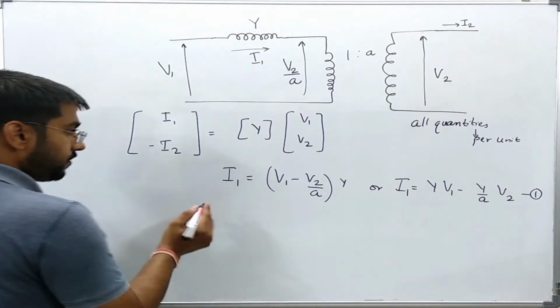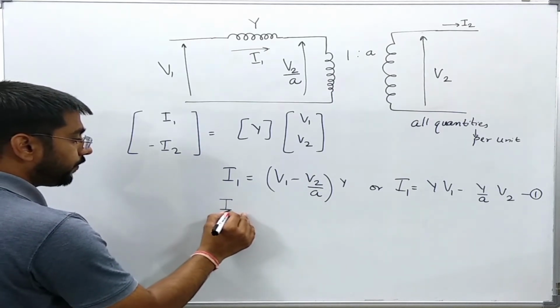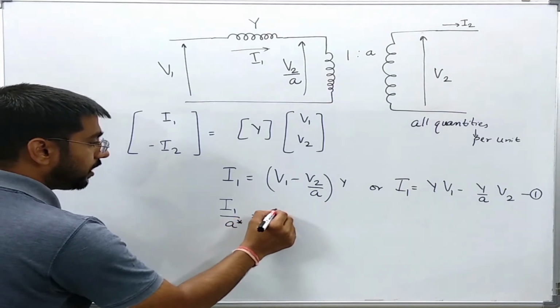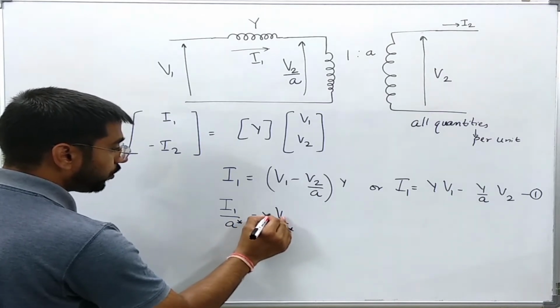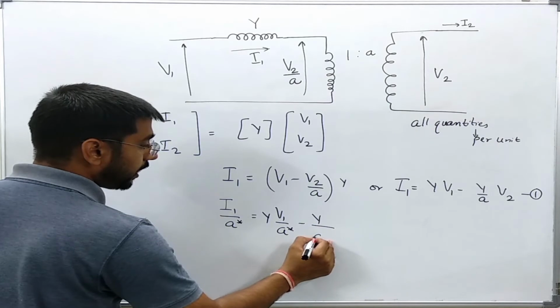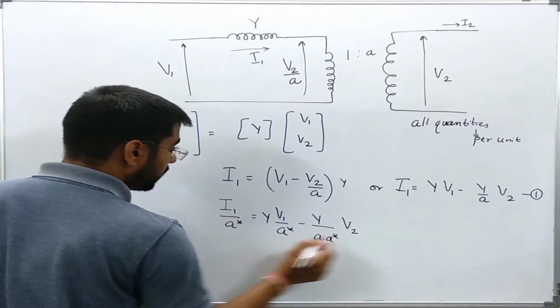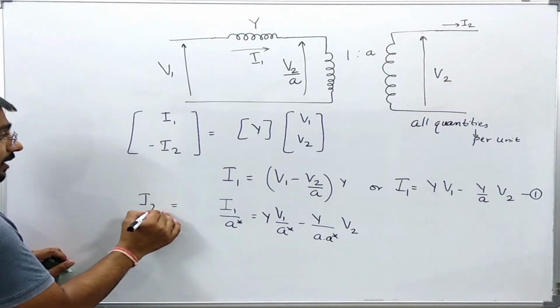Now if I divide this equation 1 throughout by A conjugate, I1 over A conjugate, what I will get? I will get V1 over A conjugate into Y minus Y over A into A conjugate V2. So what I will be writing is I2. But what I need to get?